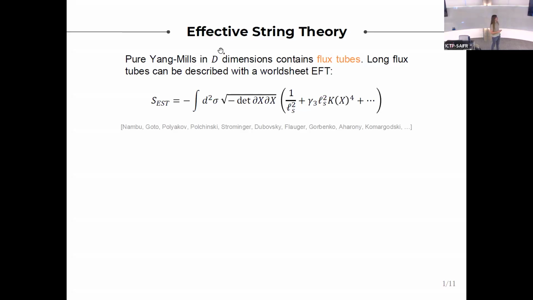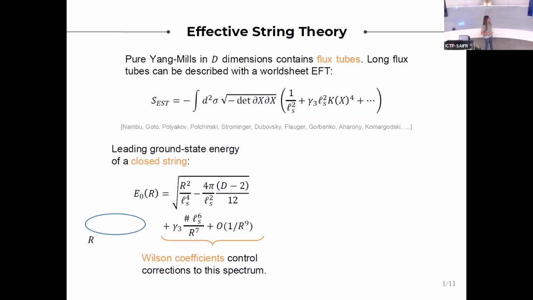And then the action of the string should just be a Nambu-Goto, which is a determinant here in terms of these axes, that are the transverse Goldstone modes of the spontaneously broken translation symmetry. And then after this, there are some corrections that come with higher derivatives of these Goldstones, and with some coefficients like this one here, gamma 3, that are unknown. Okay. So this is the effective field theory that people work with.